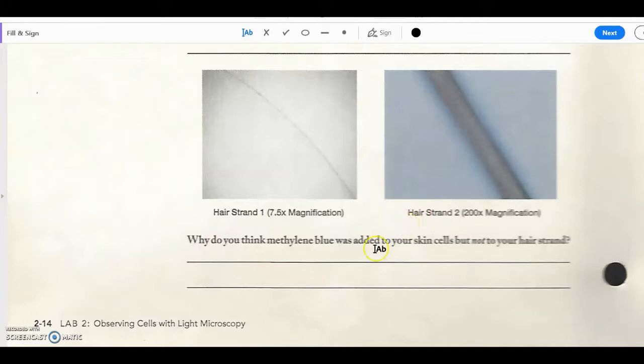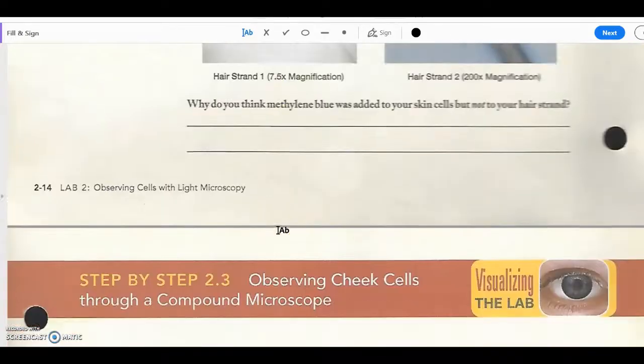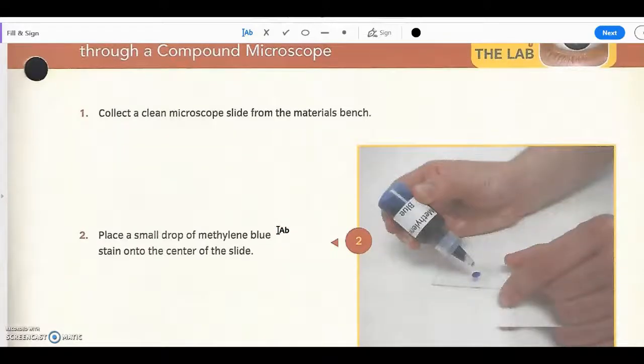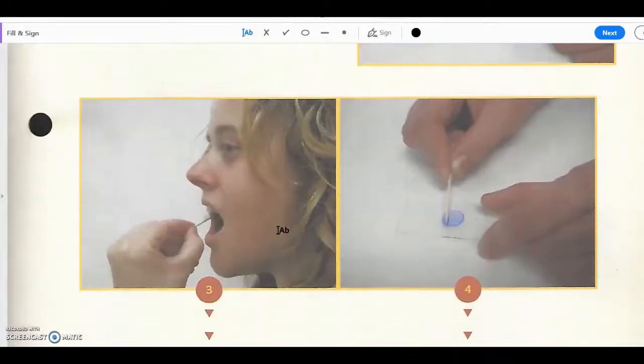But in case of human skin cells, cells are very thin and practically transparent, so we needed to add an additional color to them to increase the contrast between the human cells and the background. And that's what methylene blue does. It stains the cell and increases the contrast between the cells and the background.